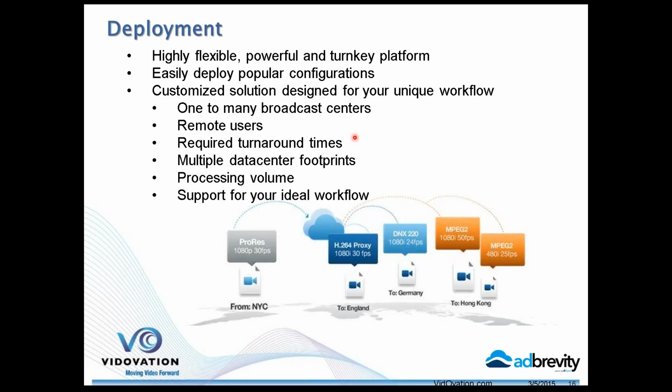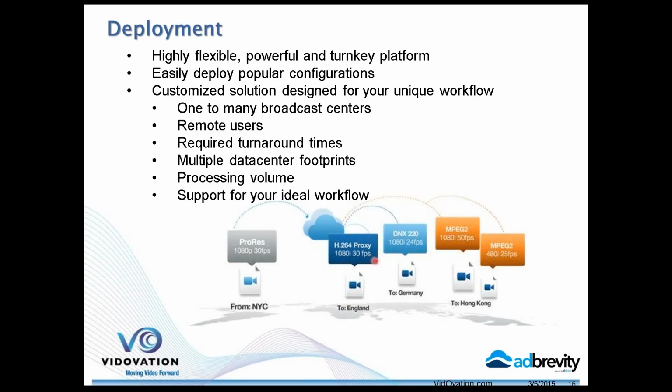We have clients that have multiple data centers. They want, for reliability and redundancy, to have files replicated across the country, across the globe in different data centers. So whatever your ideal workflow is, we can build a system to support that or accelerate that. So you can see here, here's an example of ProRes files coming from New York, 1080p, 30 frames per second.